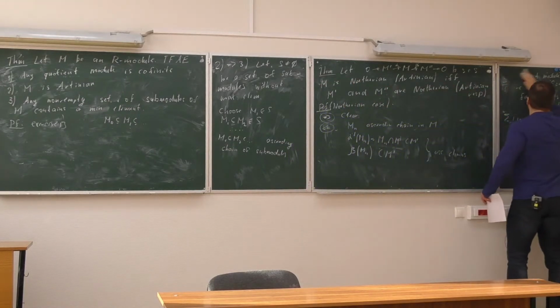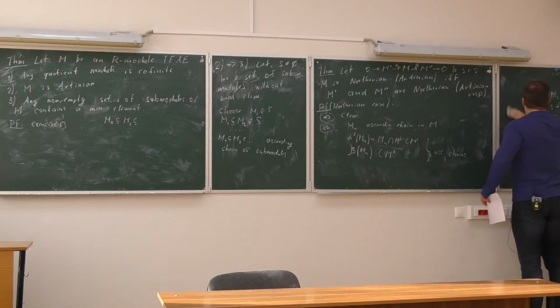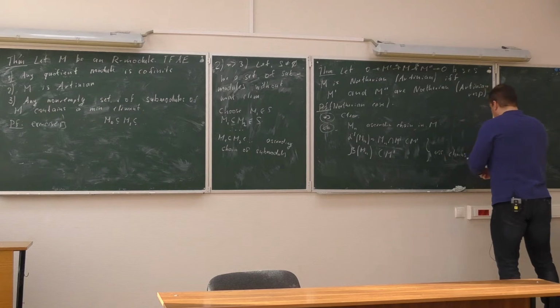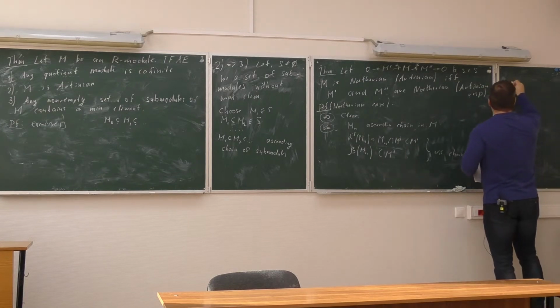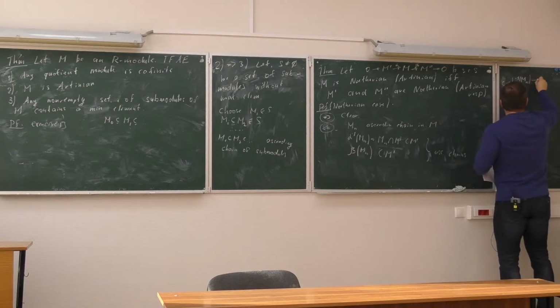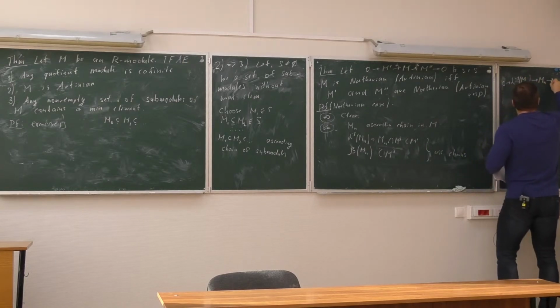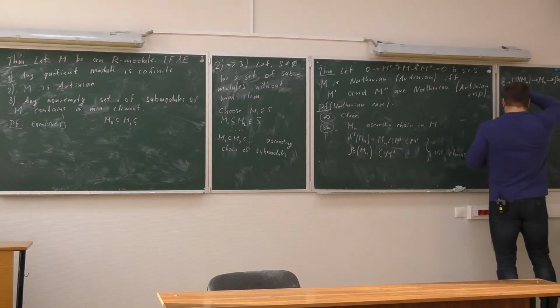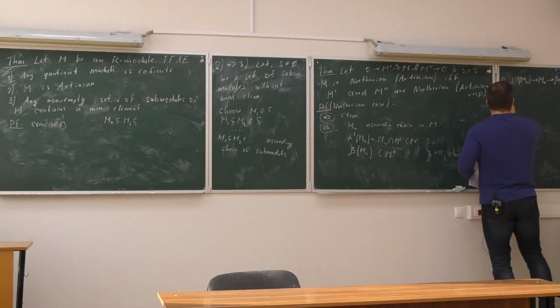And now the result just follows from the five lemma. So I have 0, alpha inverse of M_n, embedded into M_n, and the quotient is beta applied to M_n. And now I need the same thing but for n plus 1.